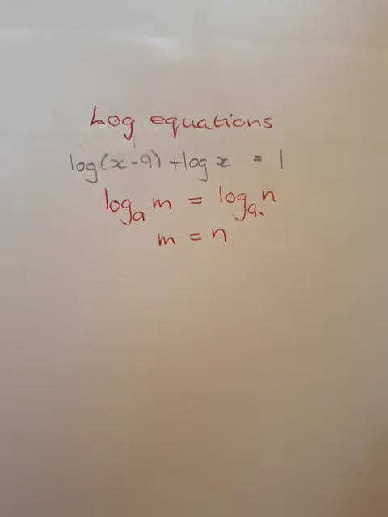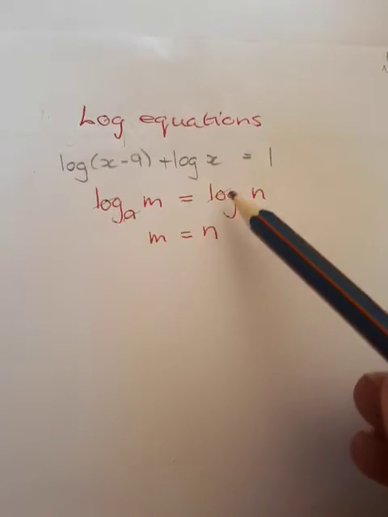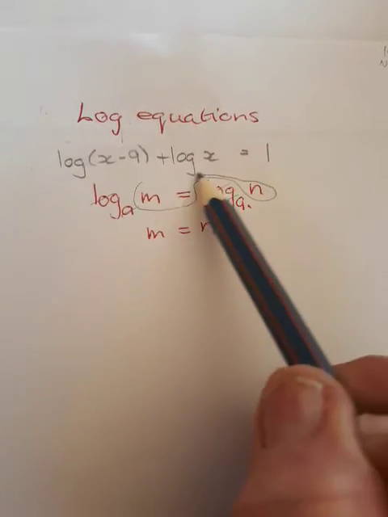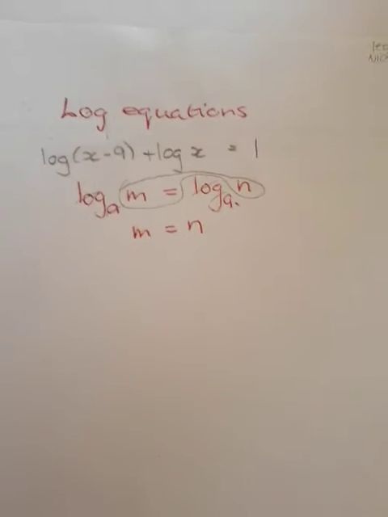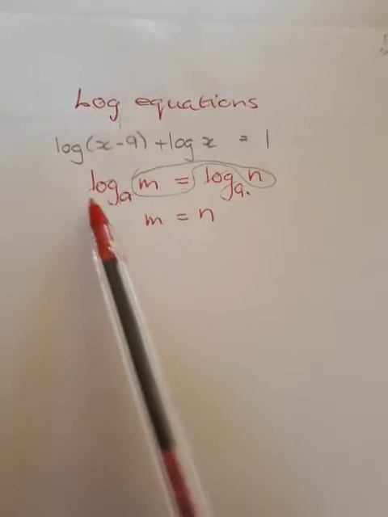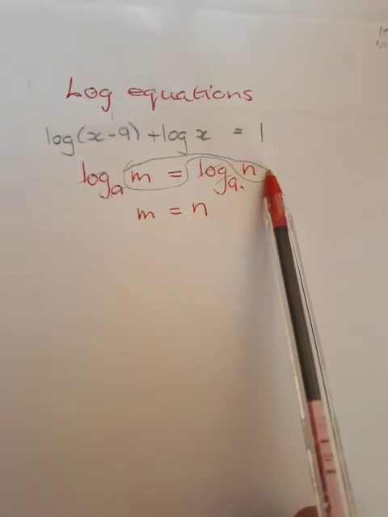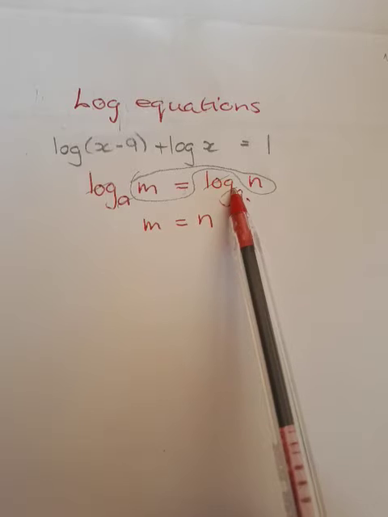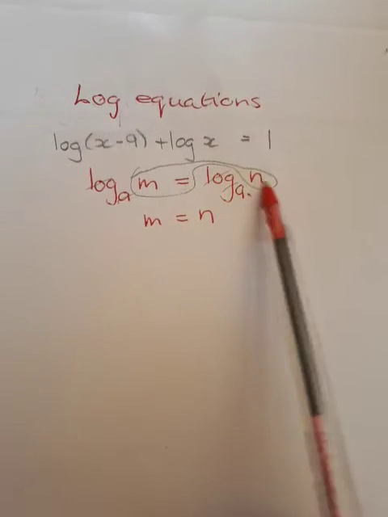So basically what you do, you just cancel the log and then m equals n. That is the aim that you want to do. You want a single log on the left hand side and a single log on the right hand side, and with that you can then just ignore the logs and go on with m and n.